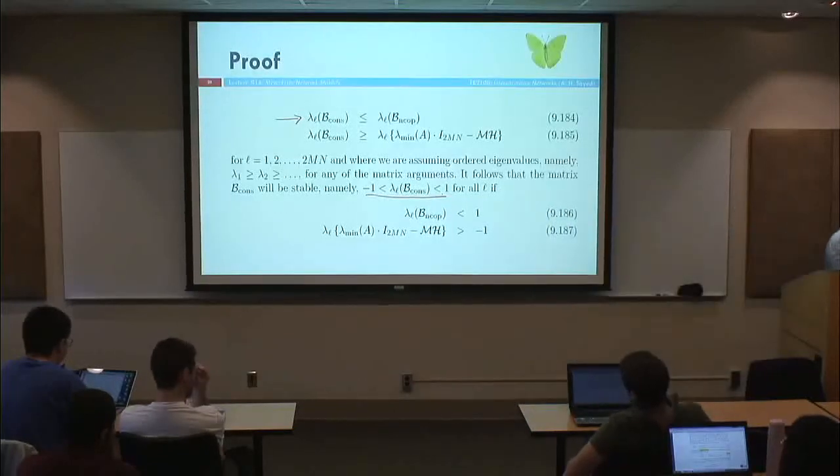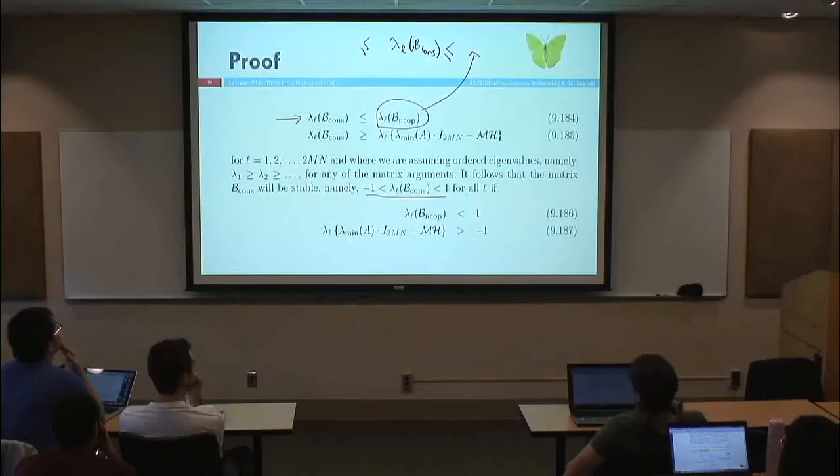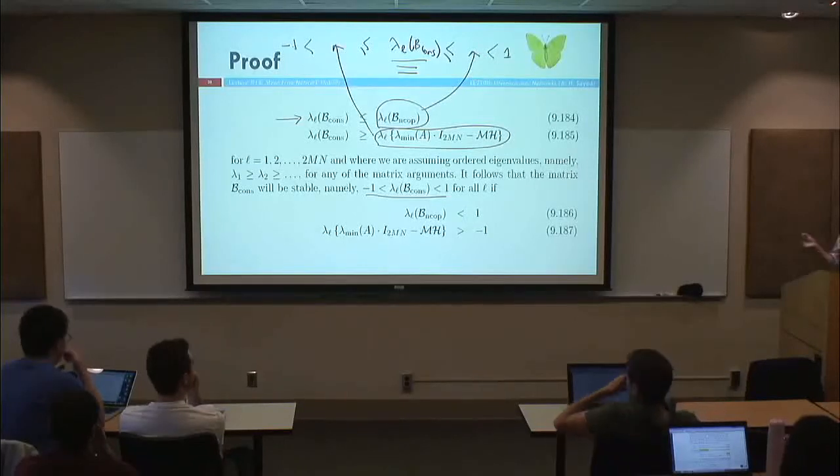But in these relations up here, I showed that any eigenvalue of B consensus lies between two bounds, right? This is the upper bound, correct? And this is the lower bound, correct? So one way to ensure that this is between -1 and 1 is to make sure that this upper bound is less than 1, and this lower bound is larger than -1. Right? That's a sufficient condition.